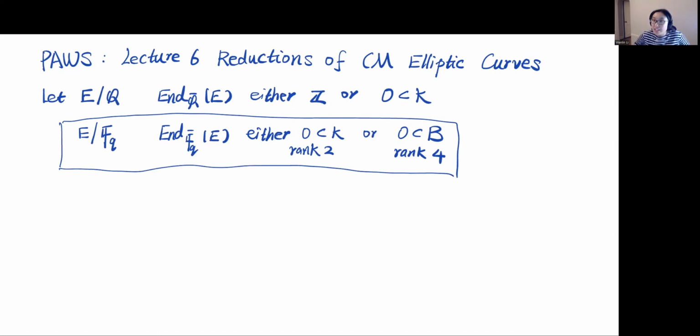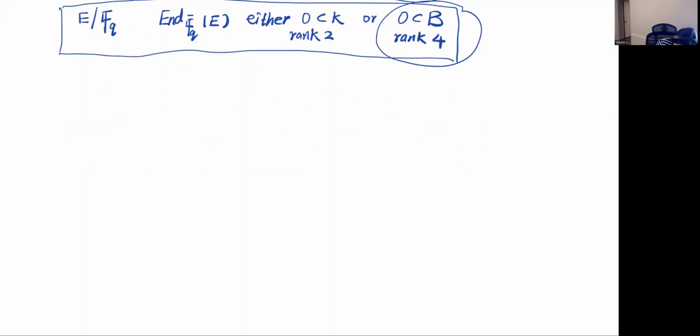And then we will discuss the relationship between the CM elliptic curve and how often its reduction has this larger endomorphism ring. Okay. So we're going to start with discussing endomorphism rings for elliptic curves over finite fields.